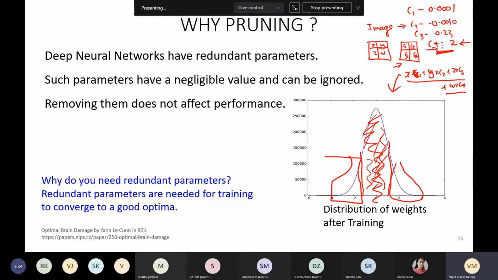If your C4 value is the maximum, then the impact of C4 will be maximum. A value belonging to a less impactful area may not matter in the final decision. Even if you remove them, your performance will not degrade a lot, maybe slightly, but not a lot.